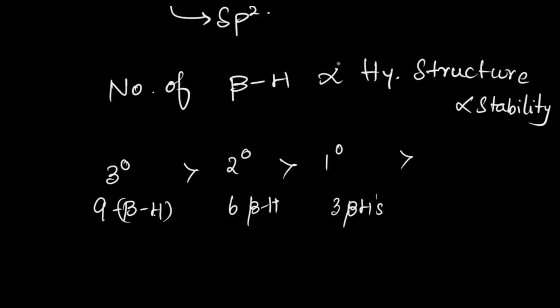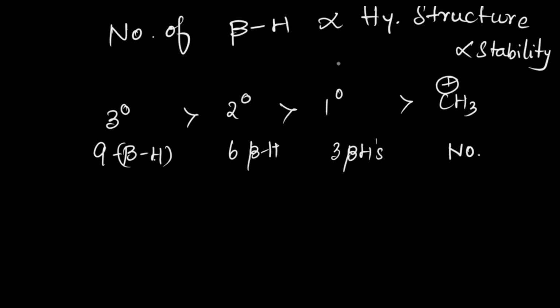Finally the methyl carbocation does not have any beta hydrogens, which makes it least stable. The most stable one is the tertiary carbocation with the high number of hyperconjugative structures.